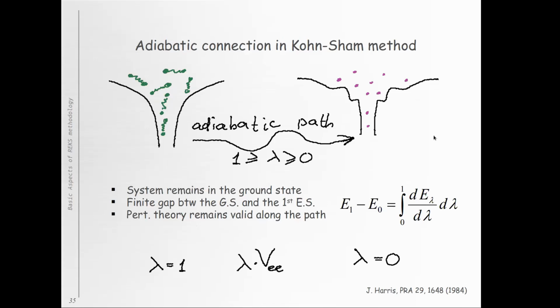The answer to this is yes, it does exist, provided that certain conditions are fulfilled along that adiabatic connection path, along that path where we vary the scaling parameter lambda between 1 and 0.